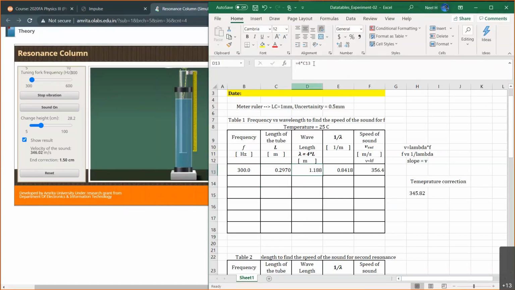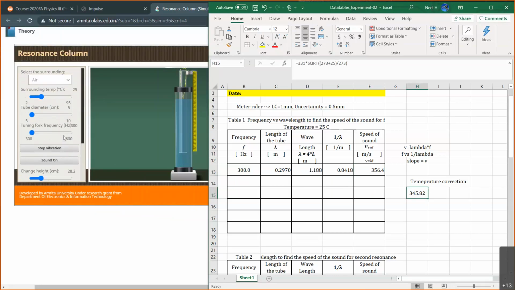4 times L, 1 over lambda, not much difference. The difference is still about the same, and even larger, I think. We should go without the end correction. I don't know how they're getting 346. That's very close to what we get here, but it seems we're not going to get that number at all in our calculation.